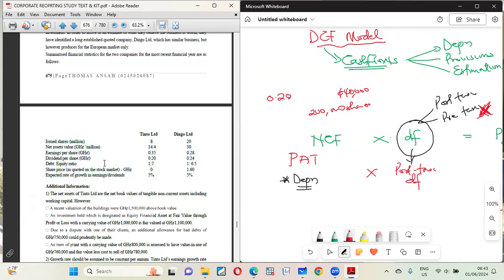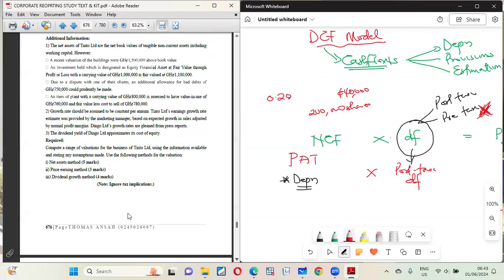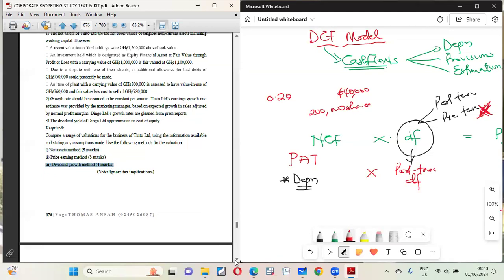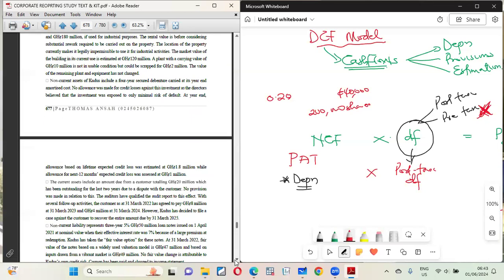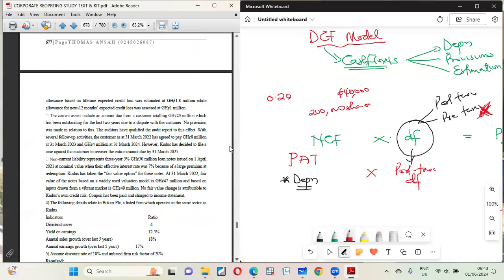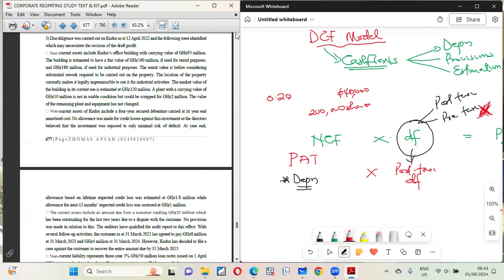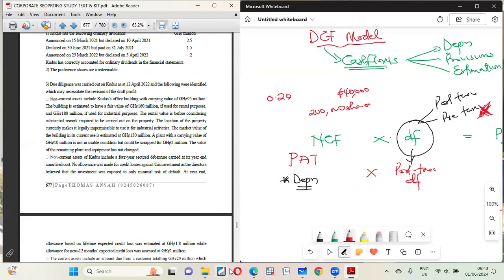This one too, as you can see, dividend per share, earnings per share, you see all those things quoted in the market. You see all the figures that you need. You are asked to use the net asset for 5 marks, price earnings, dividend growth model. When you get it, it's very easy so far as you know your formulas. Sometimes inside the question, you may have to do one or two adjustments.